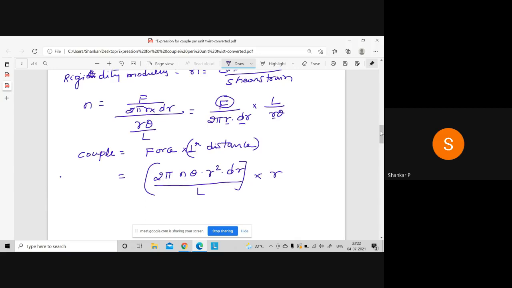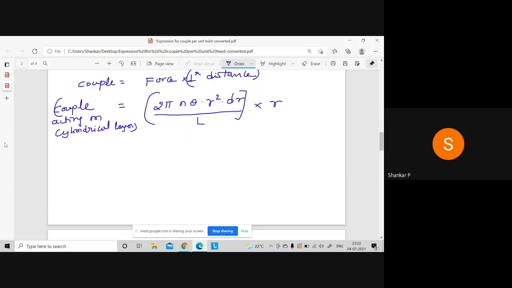So this is the couple acting on the cylindrical layer, not the entire cylinder, so we have to write appropriately. Now if you simplify this, it will be 2 pi n theta by L, r square into r is r cube dr.